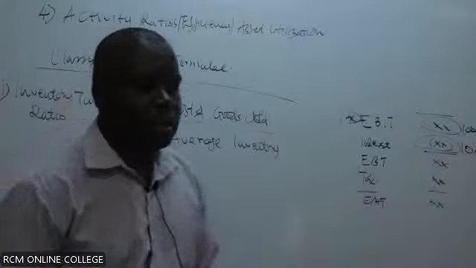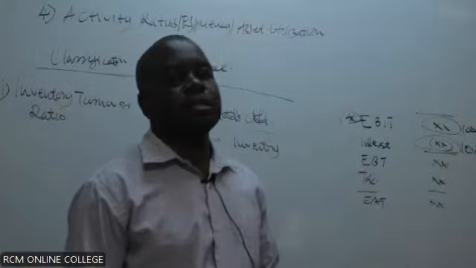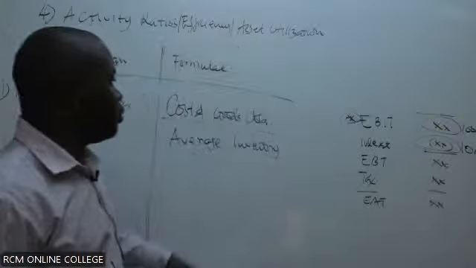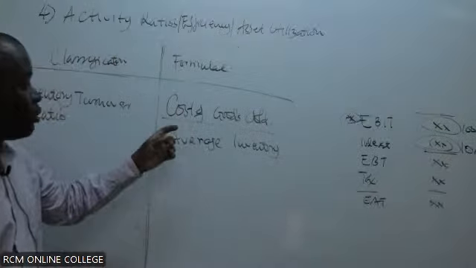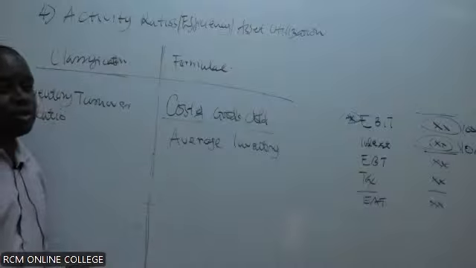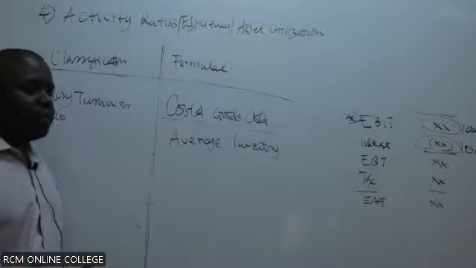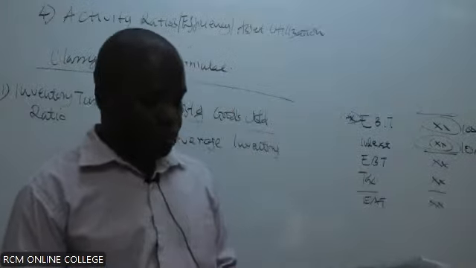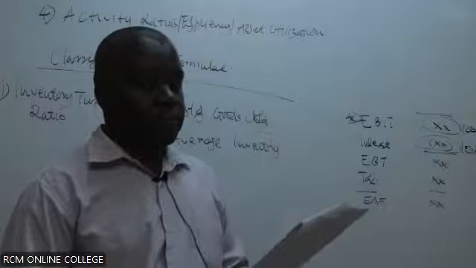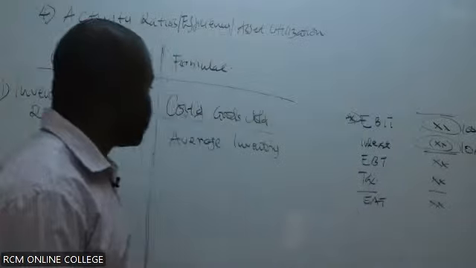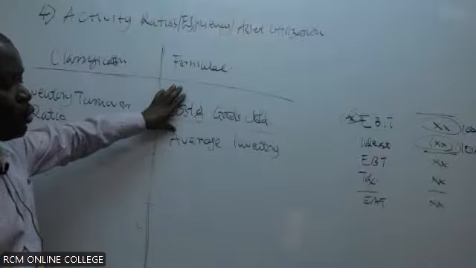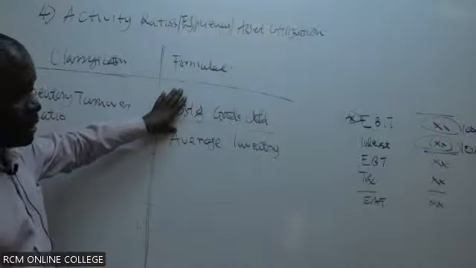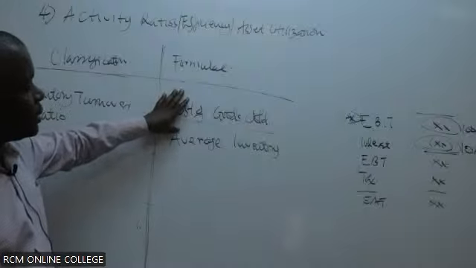You take opening stock plus purchases plus any carriage inwards, minus closing stock, and you'll get the cost of goods sold. You have to be keen to what I'm saying here.